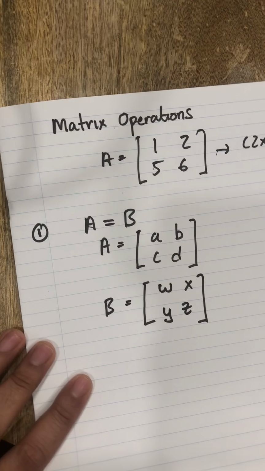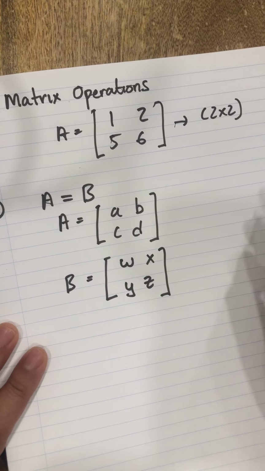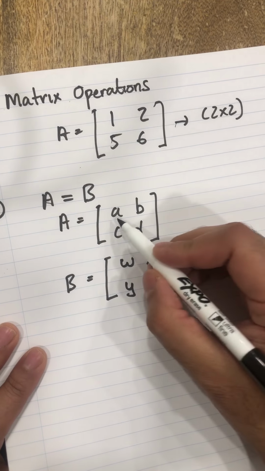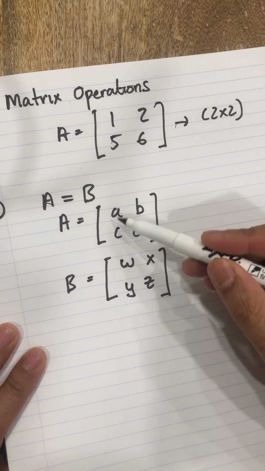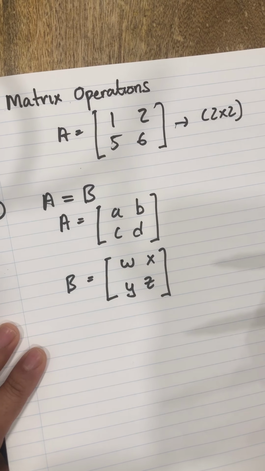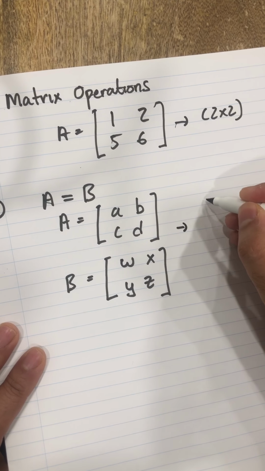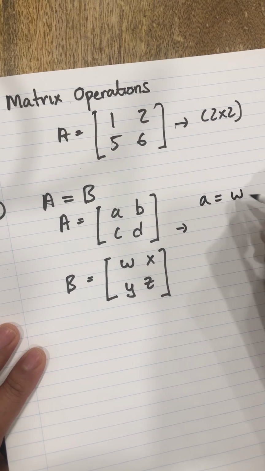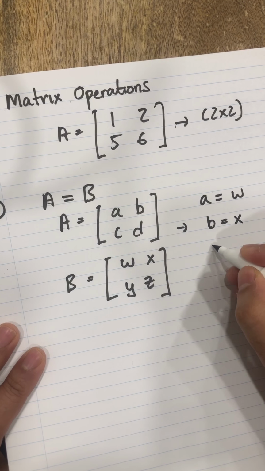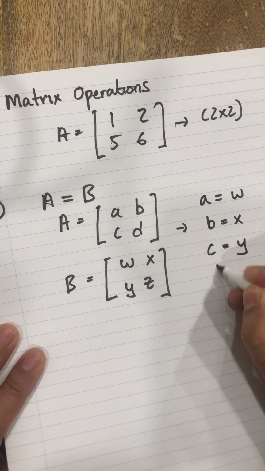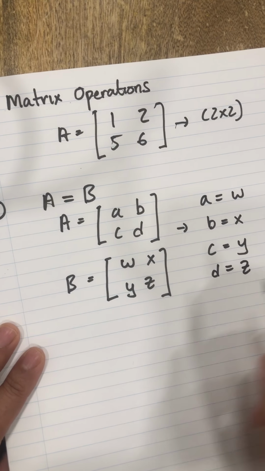If this condition is given, it means all of these elements in matrix A are equal to their corresponding elements in matrix B. So a equals w, b equals x, c equals y, and d equals z.